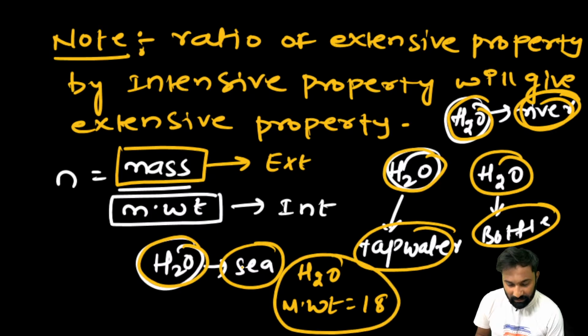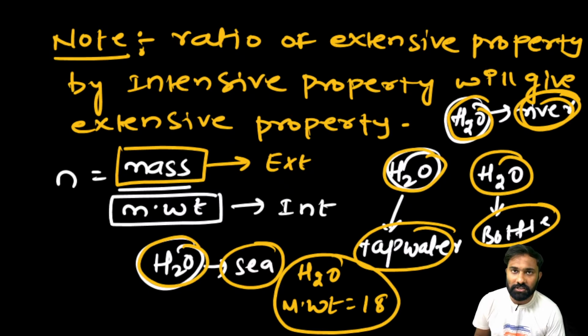If I take the water from the sea, will the molecular weight of H2O change? No. H2O molecular weight will be fixed. That's the reason I said any fixed property comes under the intensive property.